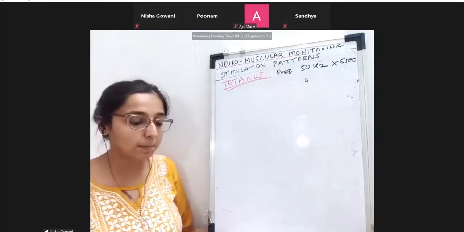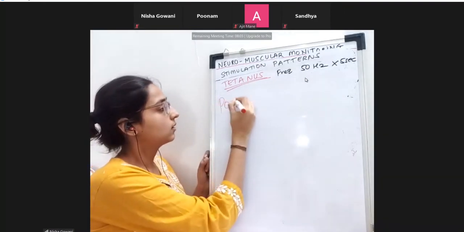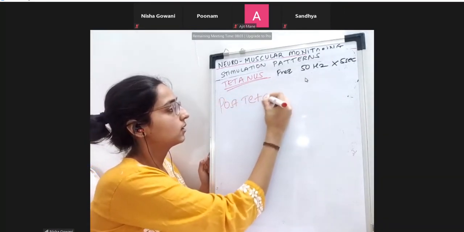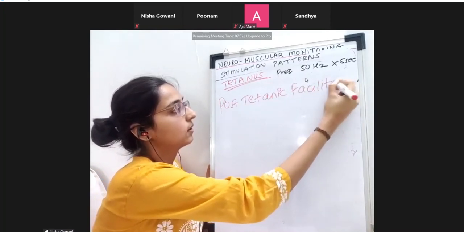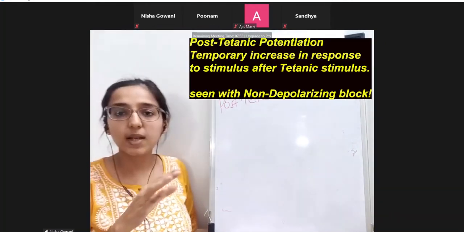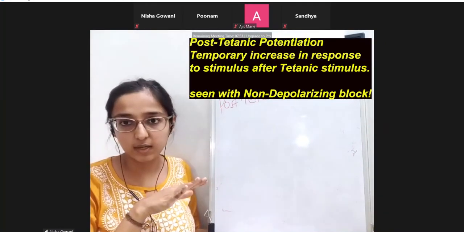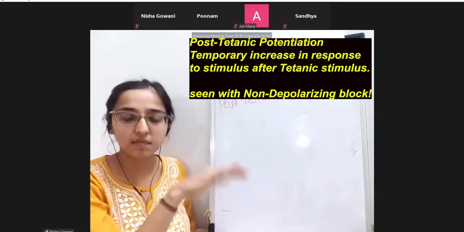There is something known as post-tetanic facilitation, PTF. What is the meaning of post-tetanic facilitation? Very simple. After tetanus, there is some facilitation of conduction of the muscle contraction. In simple words, after the tetanic stimulus, there is some facilitation.